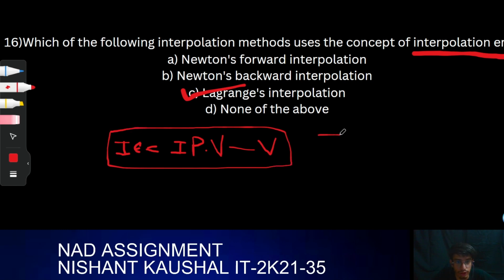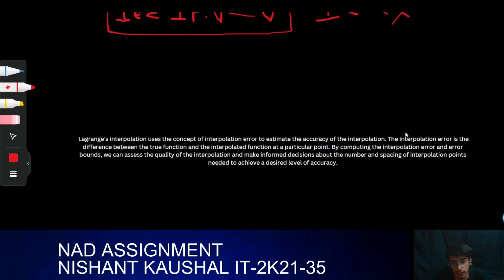And what is this interpolation error used for? Interpolation error is used for finding the accuracy of that interpolation method. If the value is small, it is more accurate, and if the value is big, it is less accurate, right? So Lagrange's interpolation uses the concept of interpolation error to estimate the accuracy of the interpolation.